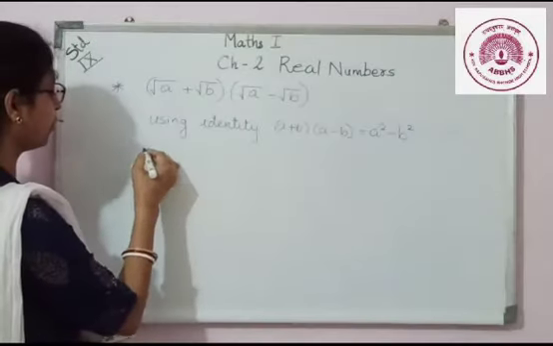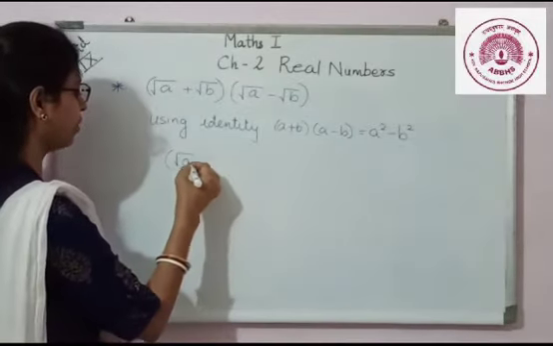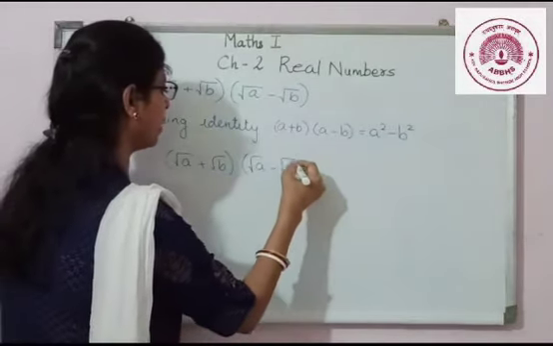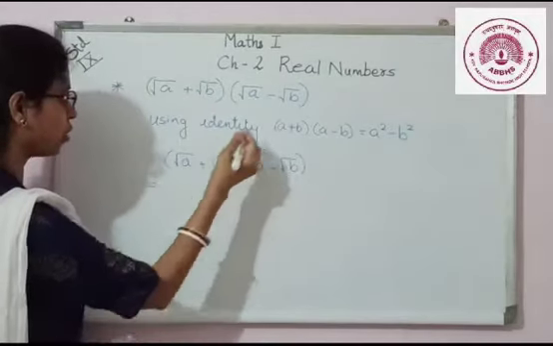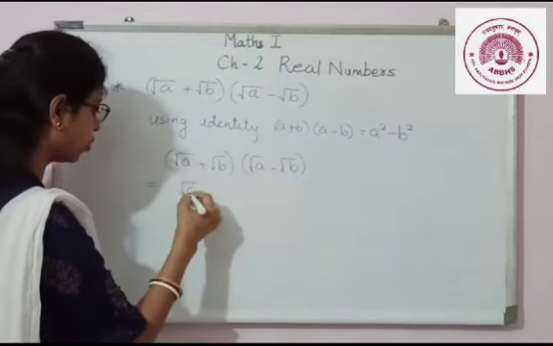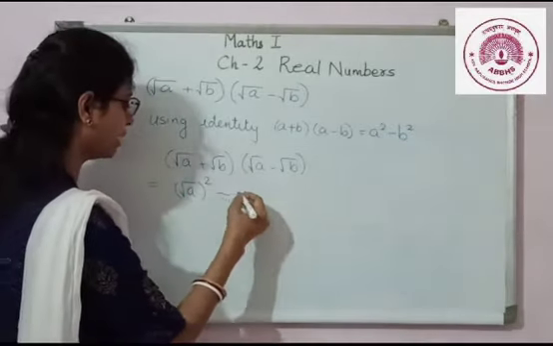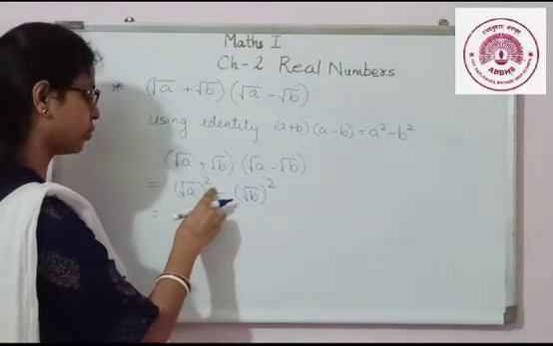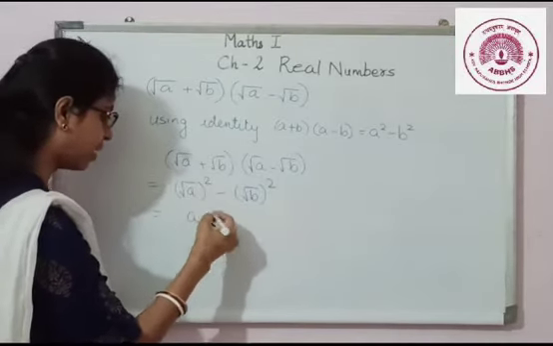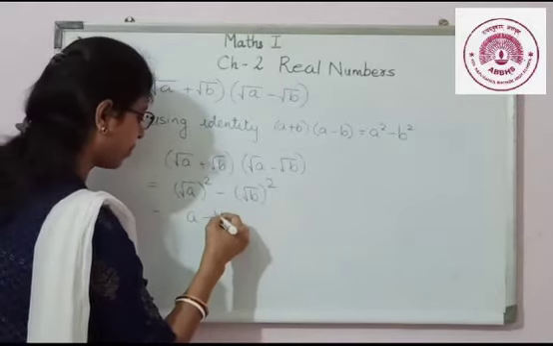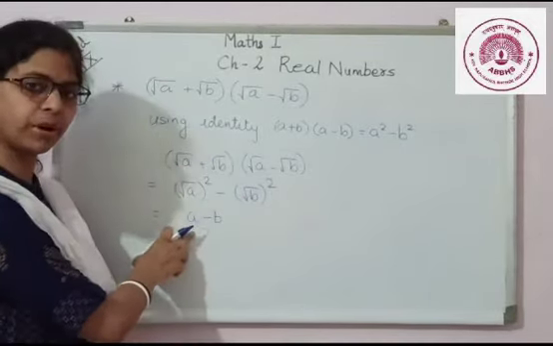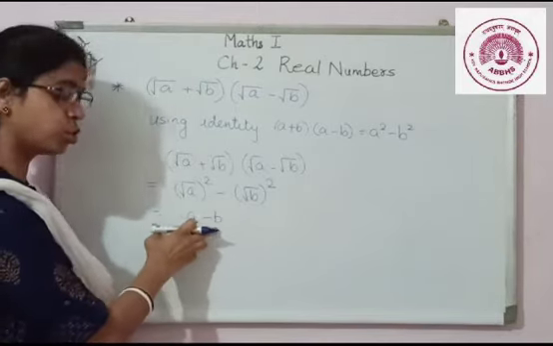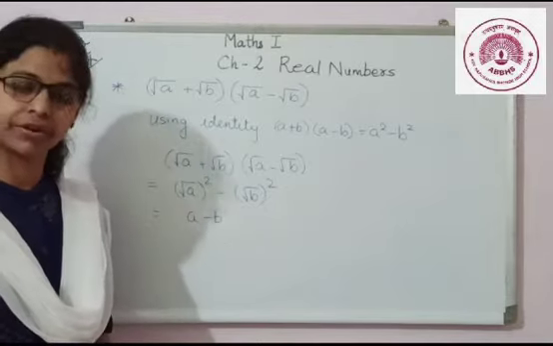So therefore, (root A plus root B) into (root A minus root B) is equal to, according to this identity, root A square minus root B square. Now as we know, the square root and square cancel each other. So we'll get A, and here also we'll get B. Now A is a rational number and B is also a rational number, so this difference of two rational numbers will again be a rational number.